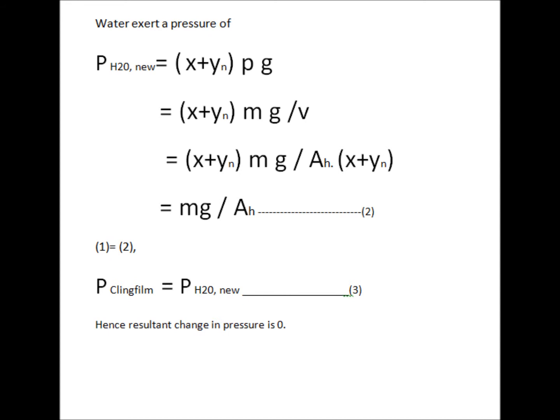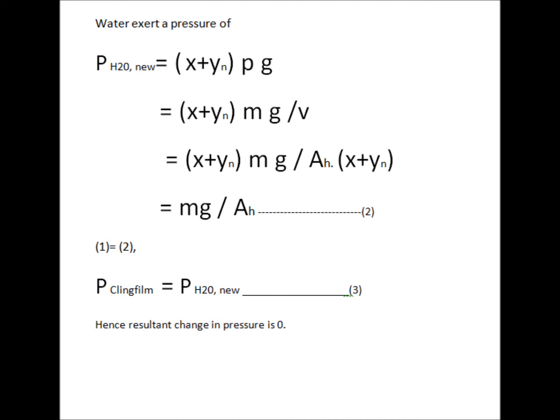As we continue to simplify the equation, we will get the mass of the water multiplied by g over A_H, the area of the hole. From this, we know that the pressure of the water exerted onto the hole will be given by mg over A_H.